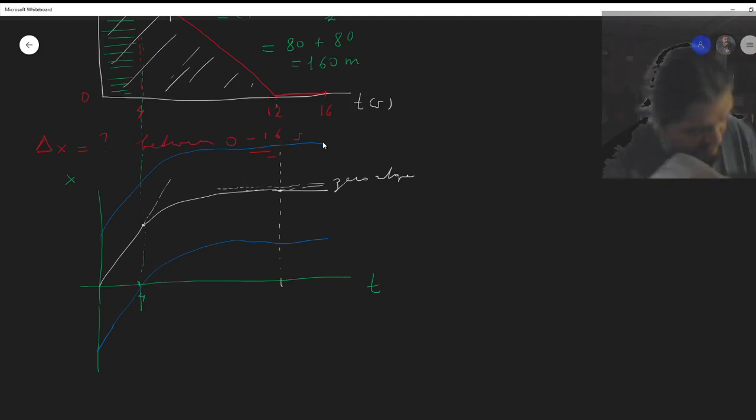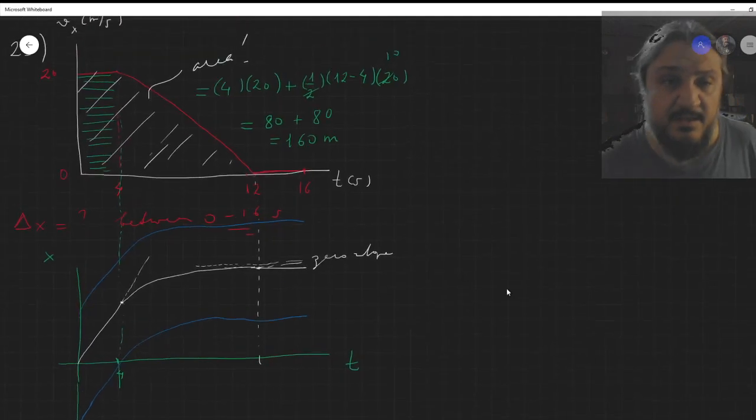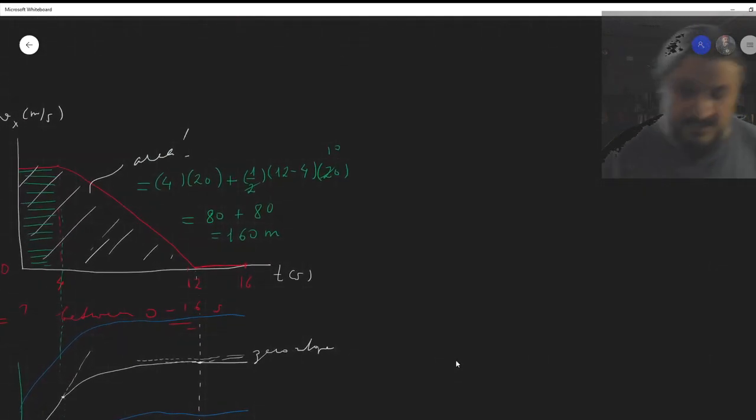Okay, that's the graph. What about the motion diagram? It says 2-second intervals. So let's try 2-second intervals on a motion diagram. This line now represents the x, and the car. The total is 16 seconds.